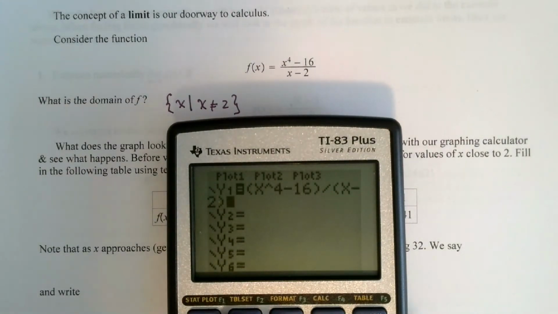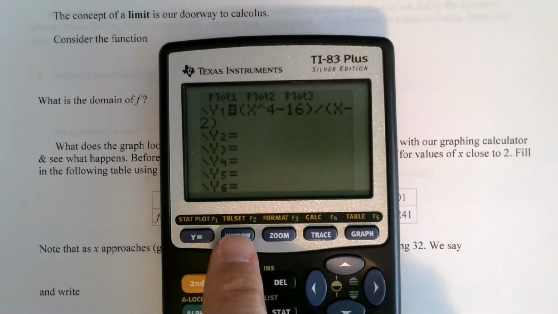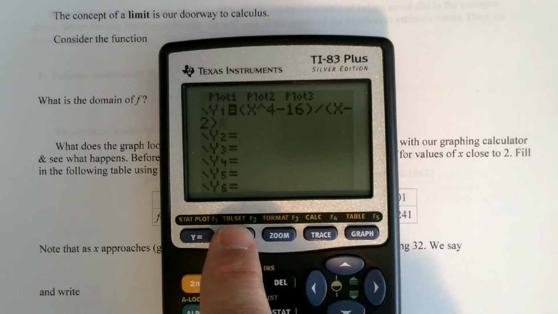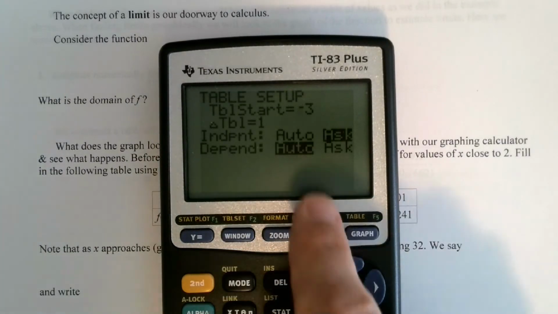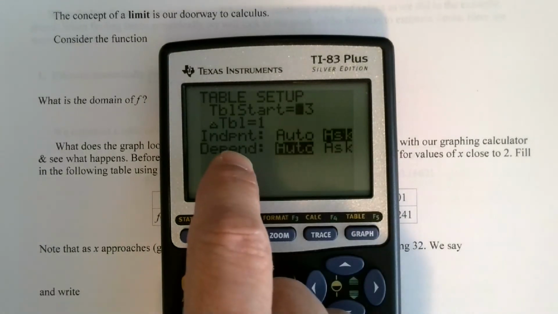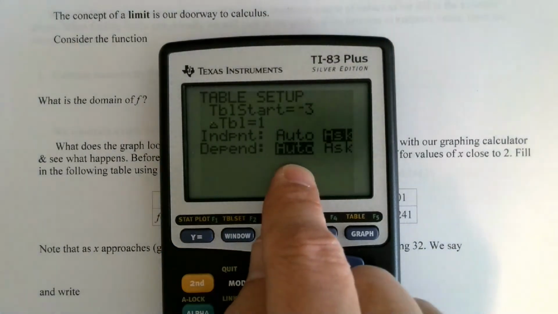I'm going to use the table feature, and I'm using the 83 here, the 84 is similar. You see TBL SET above the graph key, that means table setup. So I'm going to press second and the window button to get to my table setup, and make sure I'm in ask mode for my independent variable, and leave the dependent variable in auto mode.